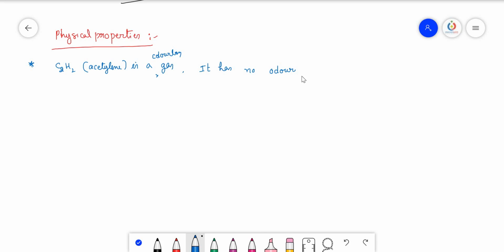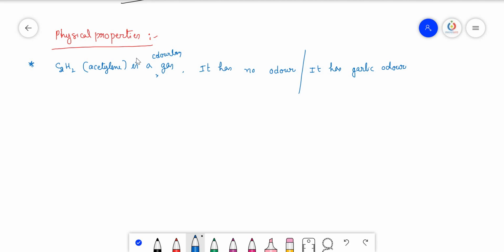But in some textbooks they give it has a garlic odor. Even in conversion reactions they used to mention the following: there is an unsaturated gas which has the garlic odor, reacts with the so-so compounds and gives this product.